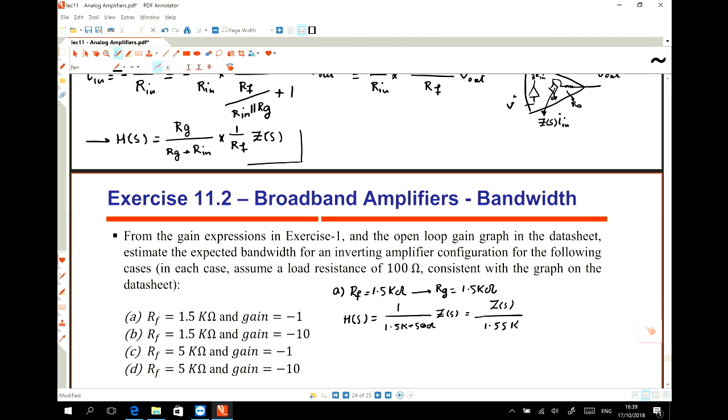So this is the HS. And then it says to find the bandwidth. Finding the bandwidth means finding where the open loop gain is 0 dB.